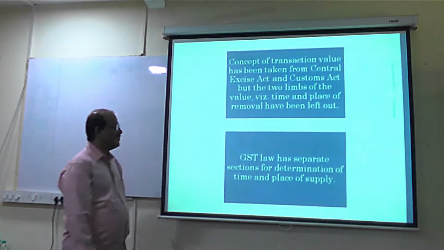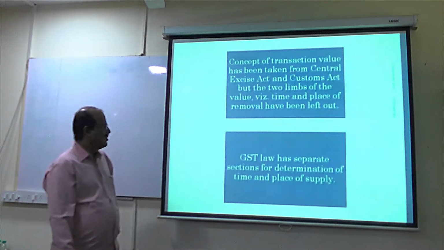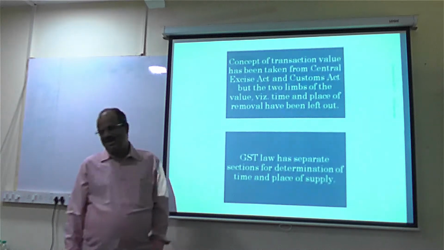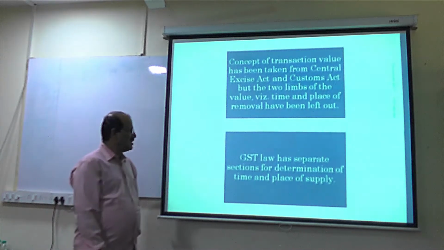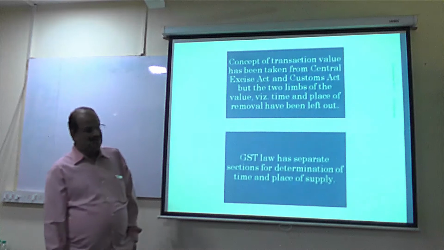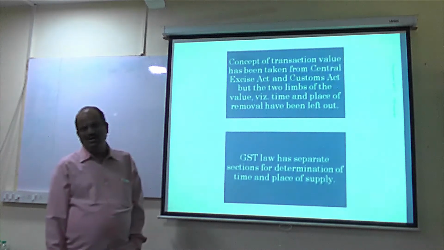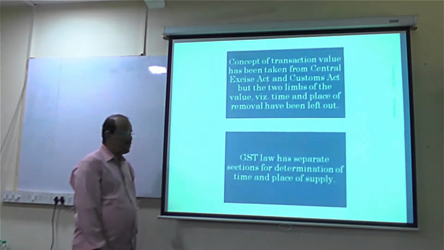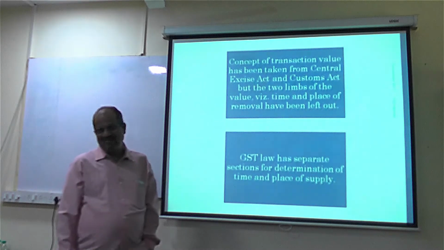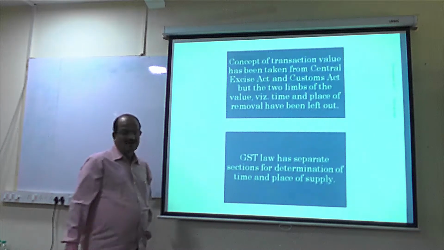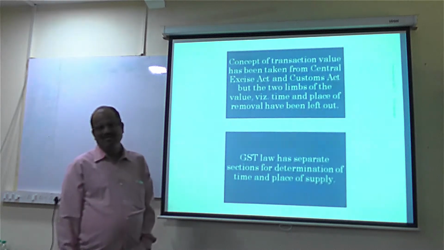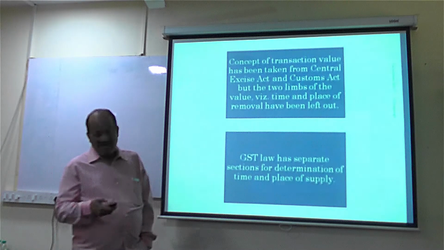Needless to say, the time and place of removal, which were there earlier in central excise law, have been taken out, because in GST law there are separate sections to determine the time and place of supply itself. The determination of time and place of supply are also very important.